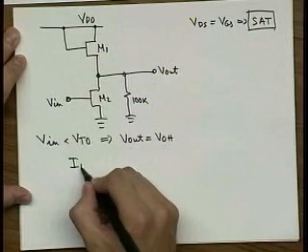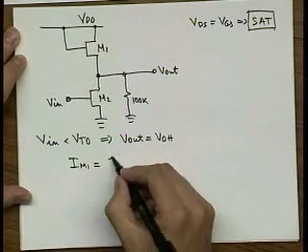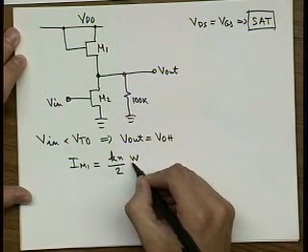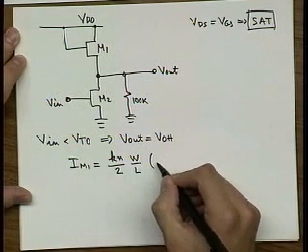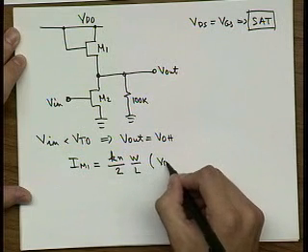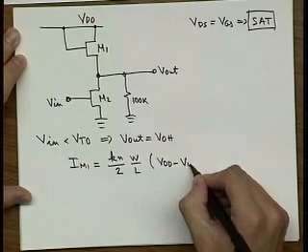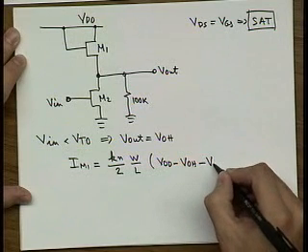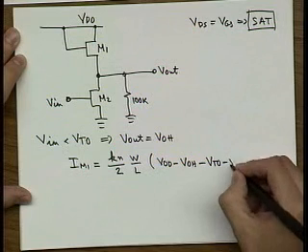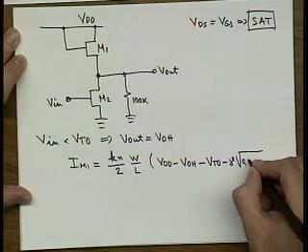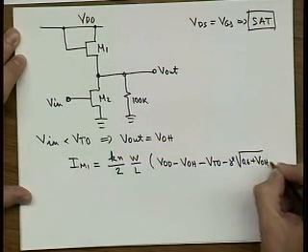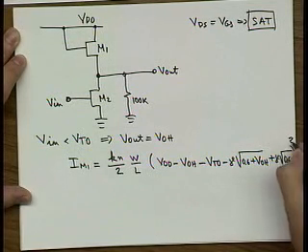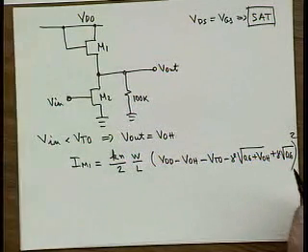So we have IM1, assuming saturation region, equal to Kn over 2 times W over L times (VDD minus VOH, that is your VGS, minus VT, and my VT is VT0 minus gamma times 0.6 plus VOH, and we have another plus gamma times 0.6) squared, because that's the saturation region current, right?